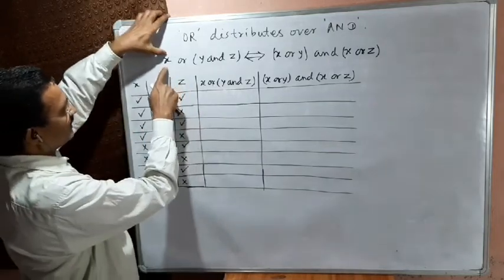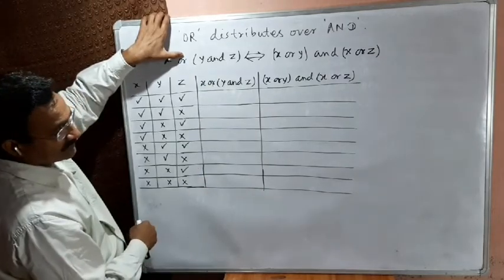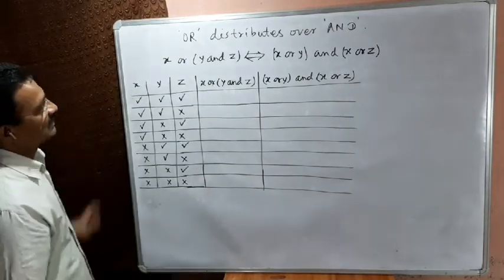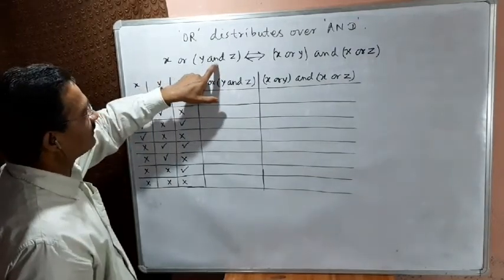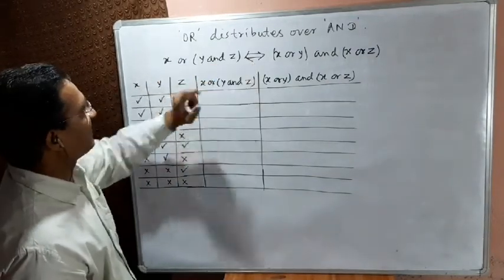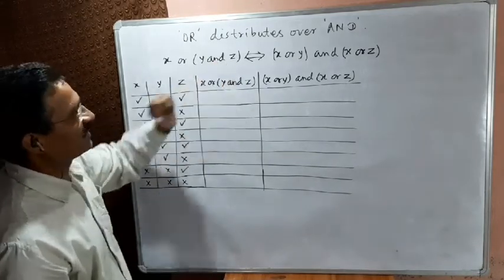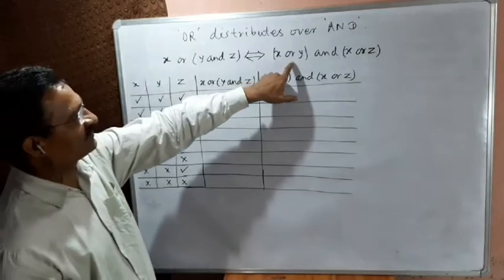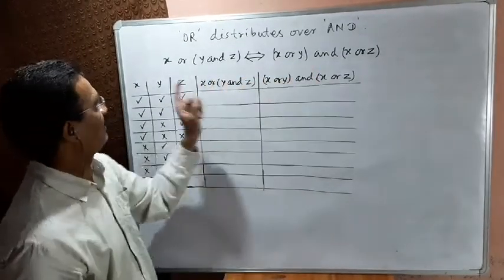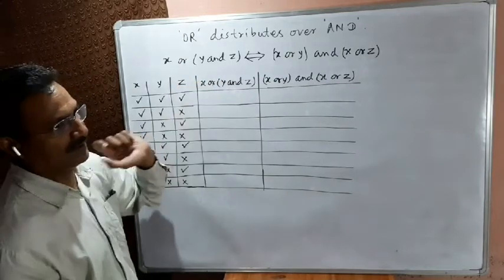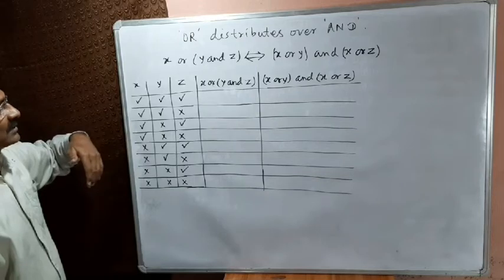That is, person X comes or Y and Z come. Maybe a situation. If we distribute OR over AND, then this statement will be written as X or Y, and X or Z. I have written on the right side X or Y in between and X or Z. That is, I have distributed OR over AND.